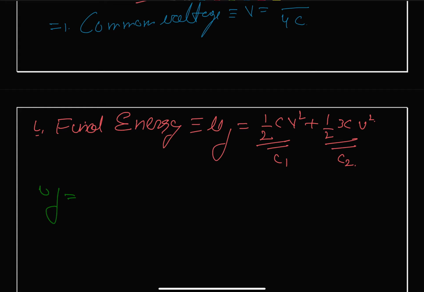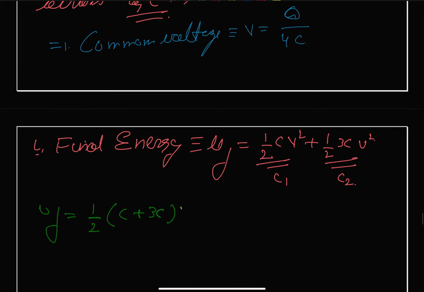This comes as 1 by 2, and we take C plus 3C, V square common, so half times 4 times C, and V is Q square upon 16 C square.